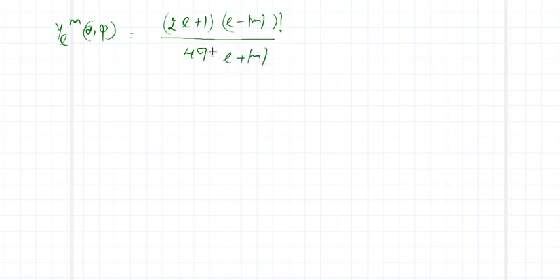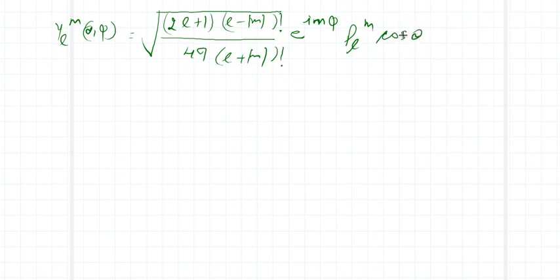is equal to the square root of (2L plus 1)(L minus |m|)! divided by 4 pi (L plus |m|)!, and e raised to power i m phi, times P_LM(cos theta).